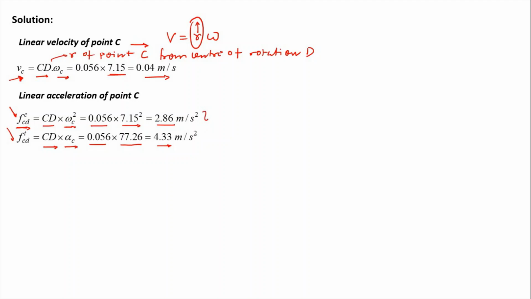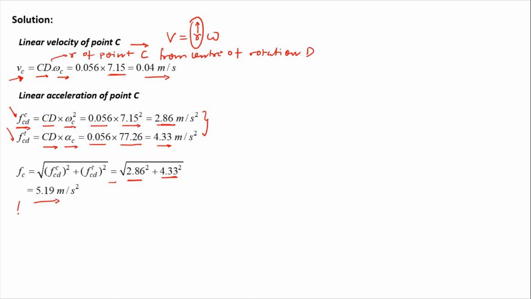Now this is the centripetal and tangential acceleration component. The total acceleration will simply be equal to the square root of the centripetal component square plus the tangential component square. So this will be the square root of 2.86 square plus 4.33 square, and finally you have the linear acceleration of point C as 5.19 meter per second square.